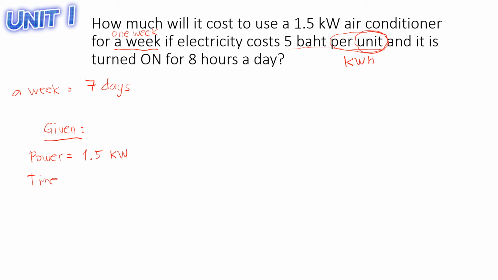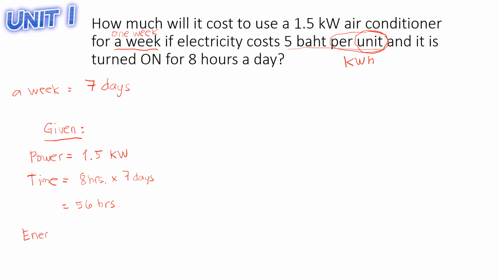Our time is 8 hours a day, and you are going to use it for 1 week. So 8 hours multiplied by 7 days, you will have 56 hours of using the air conditioner for 1 week.